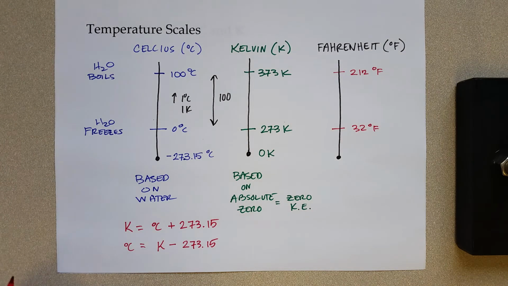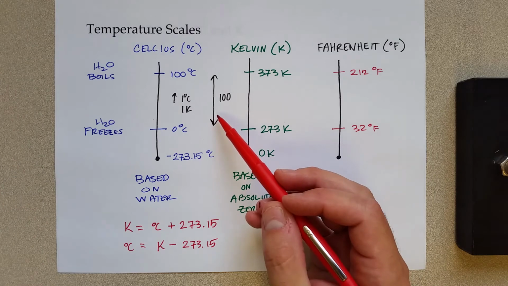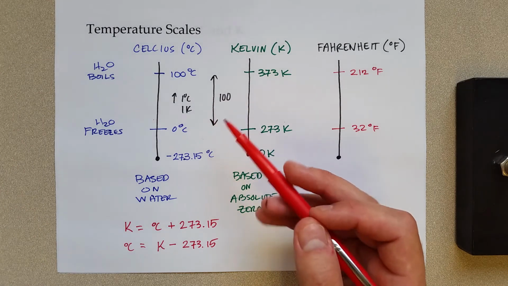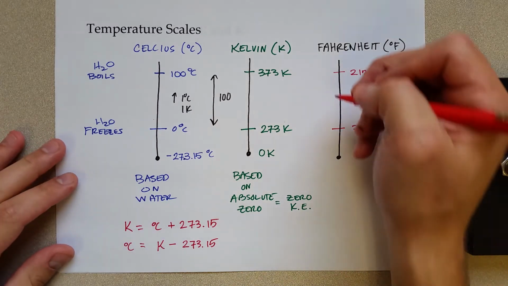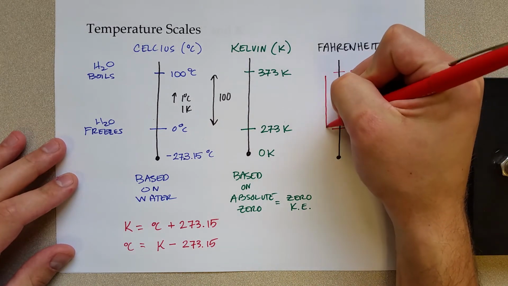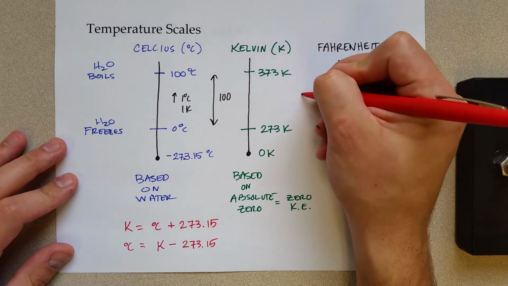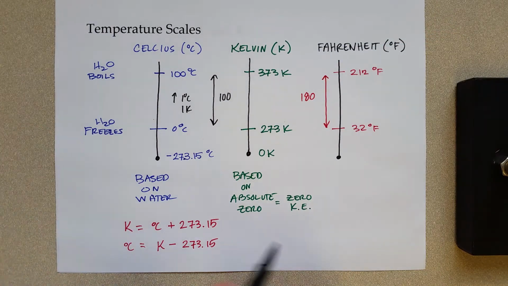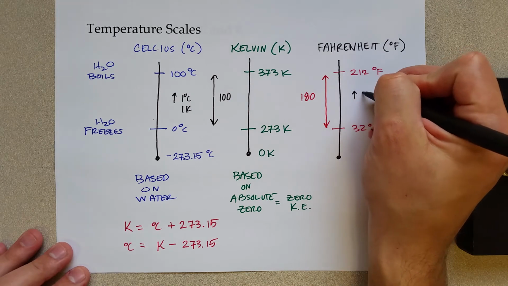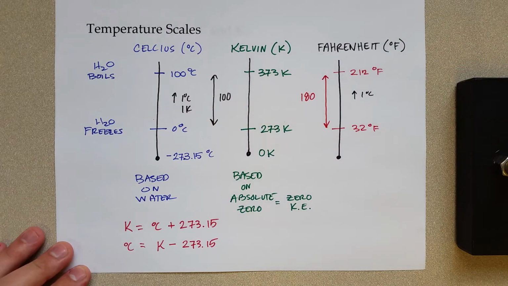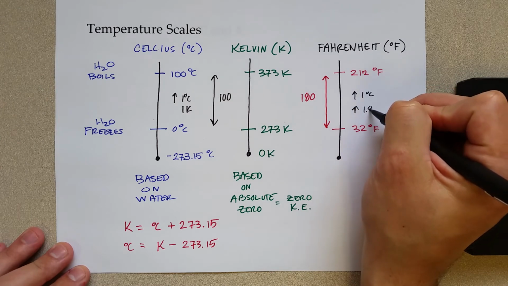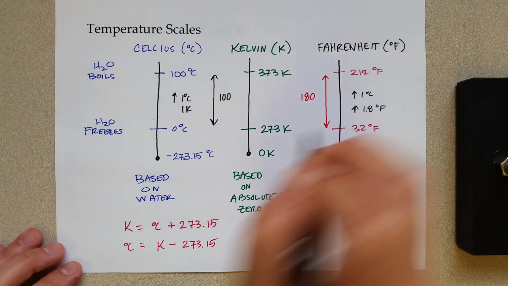That's going to give us some issues for interconverting between Celsius and Fahrenheit, because you can see that the difference between those two points of water, boiling and freezing, is 100 on Celsius, and it's actually 180 on Fahrenheit. So for every 1 degree Celsius increase, you're going to have an increase of 1.8 degrees Fahrenheit.